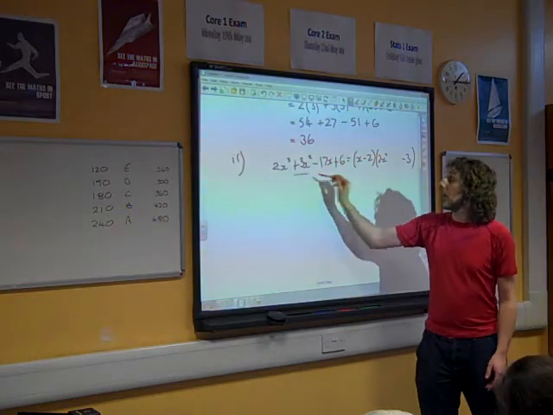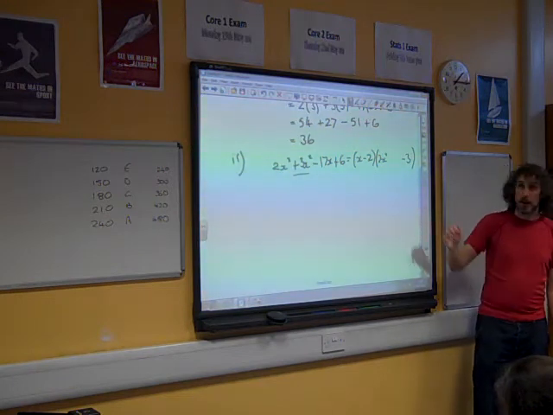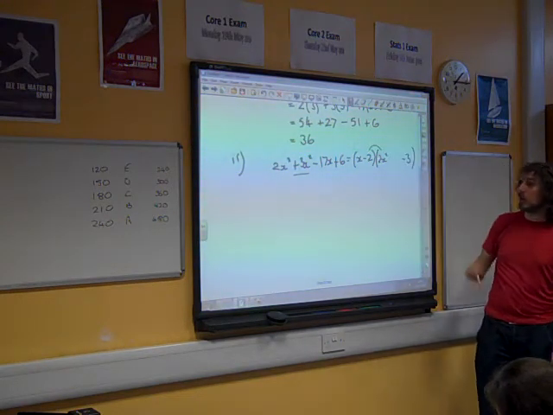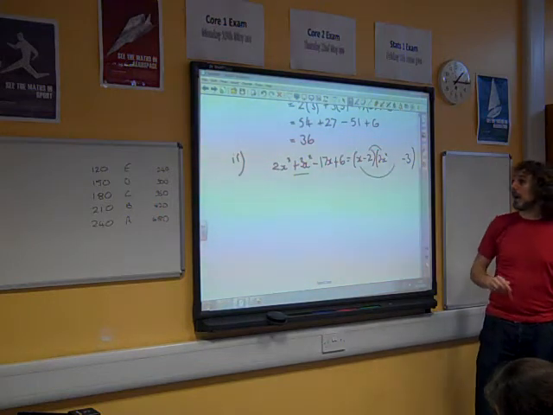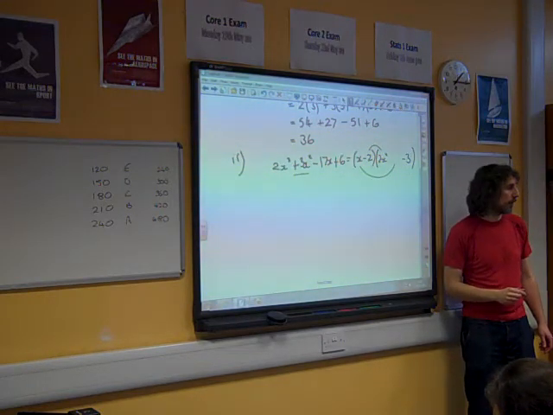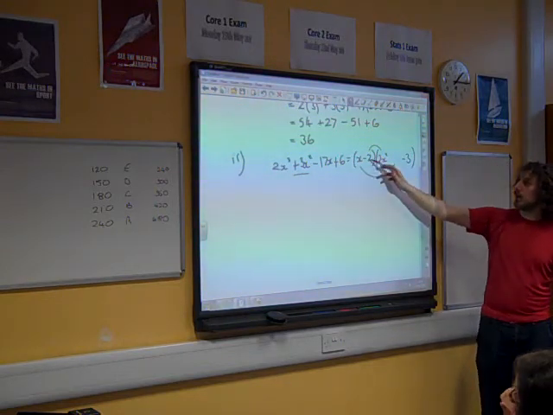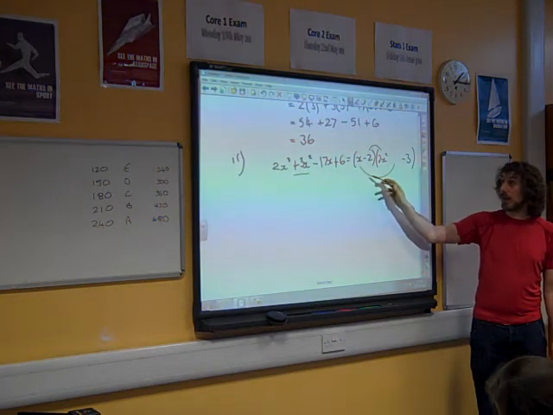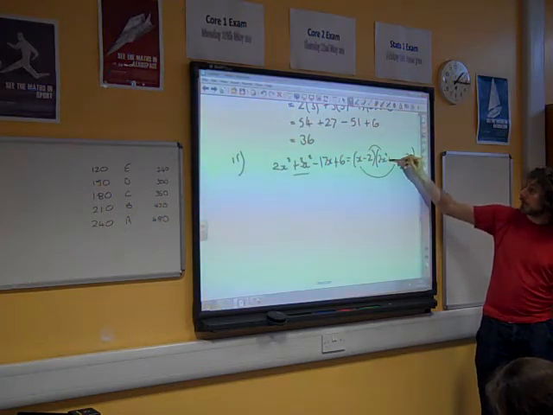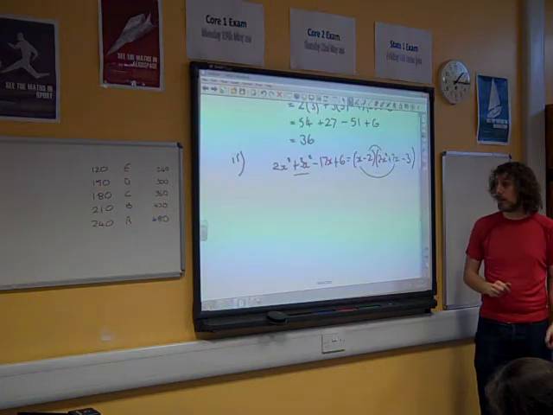To get 3x squared, the only way we could do that is by doing the minus 2 times the 2x squared there, and x times whatever we put in the middle. Now we need to end up with plus 3. Minus 2 times 2 would give us minus 4. So somewhere we need to find another 7x squared. So that must be a plus 7x in the middle to generate the 7x squared.